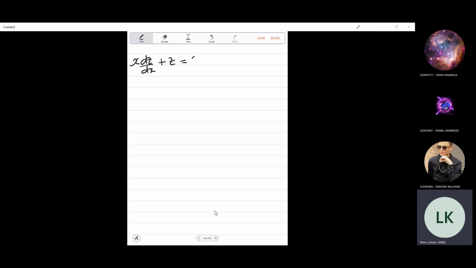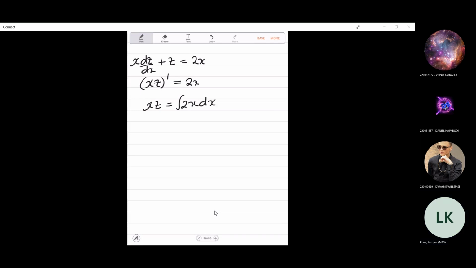So this is x times z'. This is 2x. And then we integrate. Get xz is equal to the integral of 2x dx. xz is equal to x squared plus c. And then z is 1 over y. So we have x over y is equal to x squared plus c.